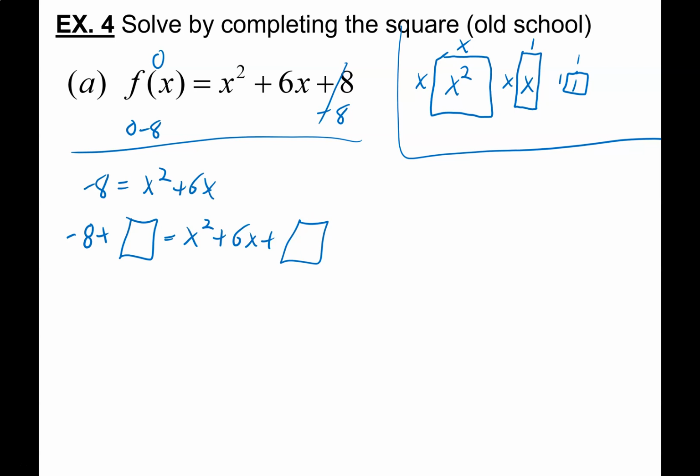So here's what I want to focus on. I want to just focus on the x squared and the 6x. And when I talk about completing the square, I'm not talking about can you factor something and get it to be something squared.